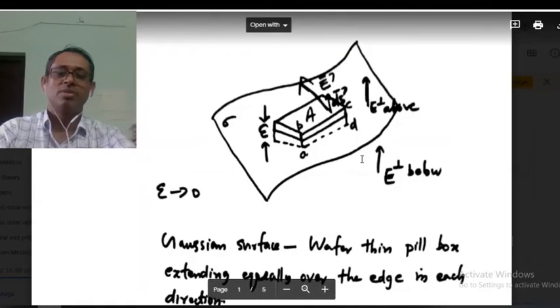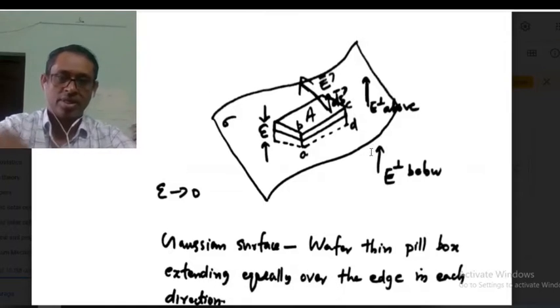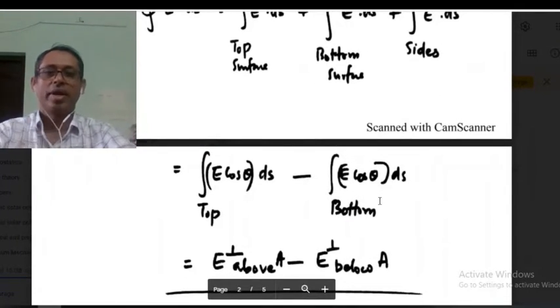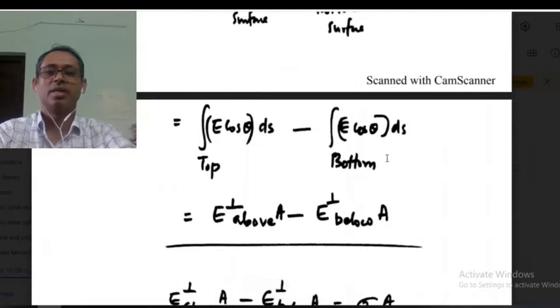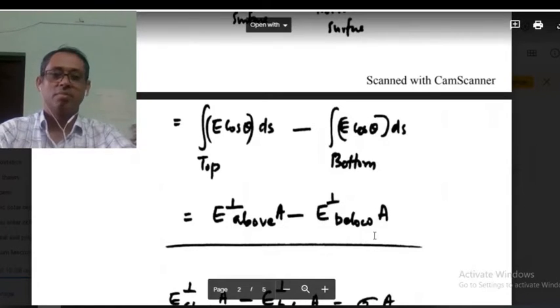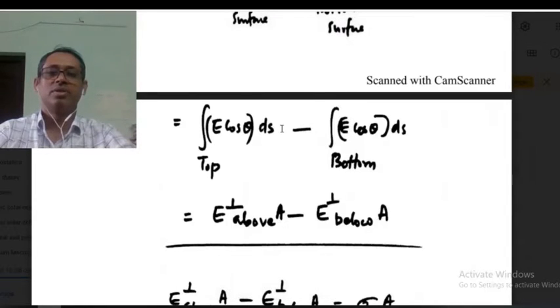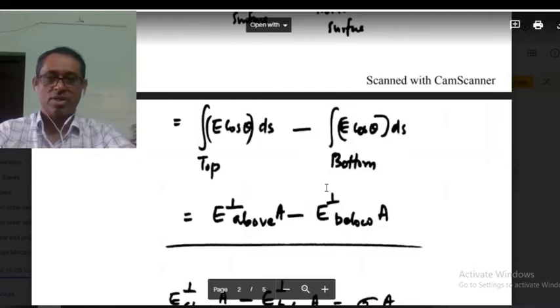So here we have the integral E cos theta ds, and this E cos theta is E perpendicular below, and here we have taken a negative sign because ds is pointing downwards.